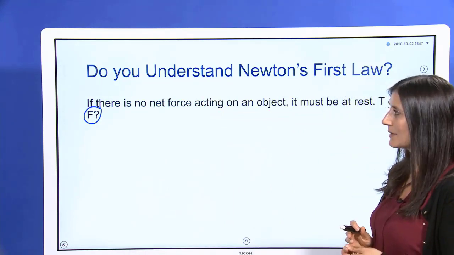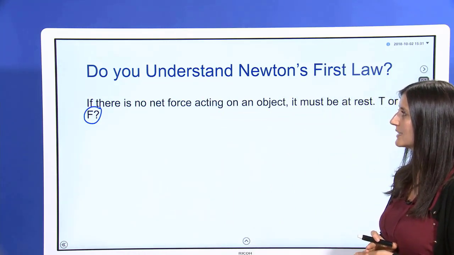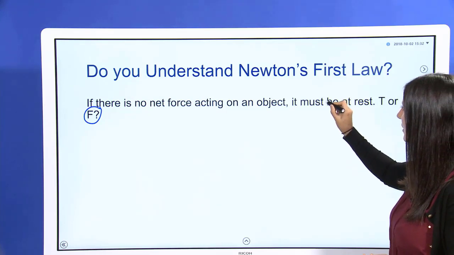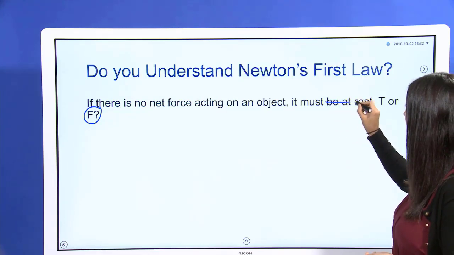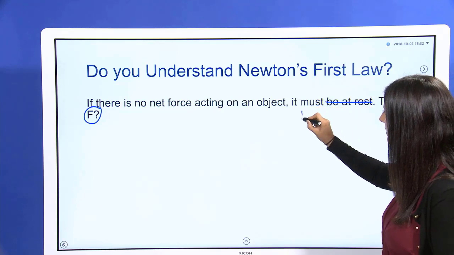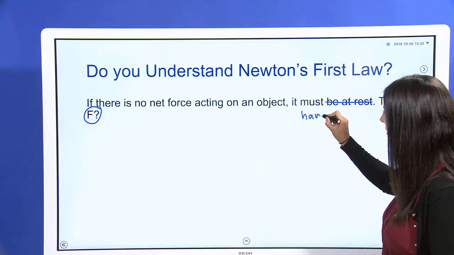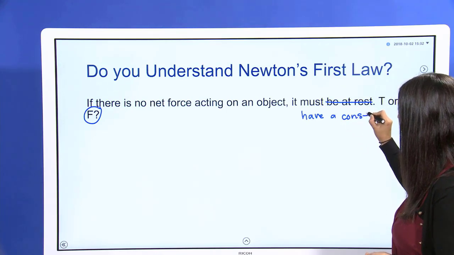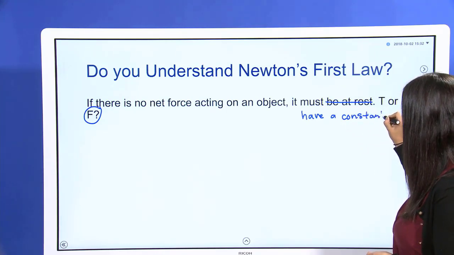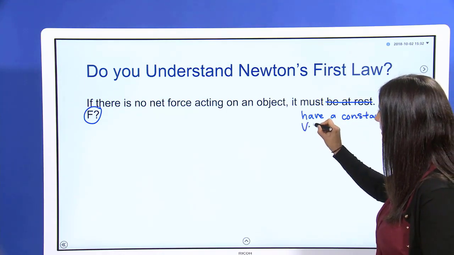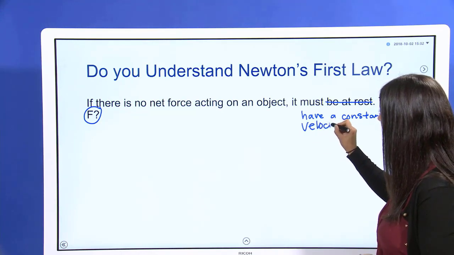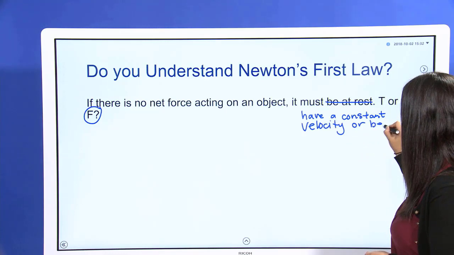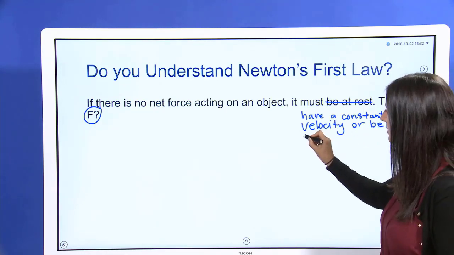Let's correct the statement. If there is no net force acting on an object, it must have a constant velocity or be at rest.